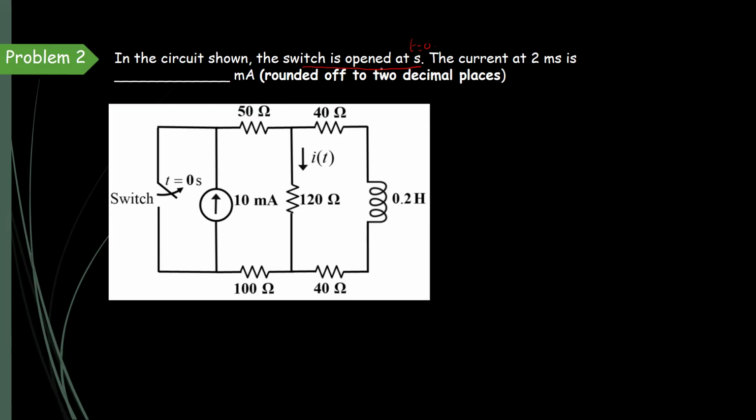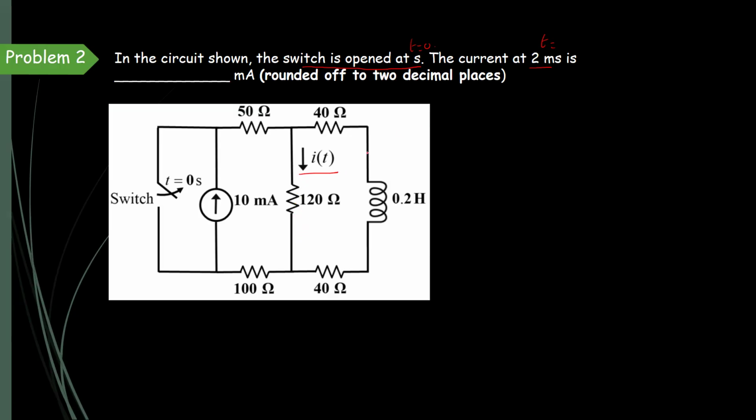Okay, the switch is opened at t equal to 0 seconds. So the initial condition is the closed condition and the final condition is the open condition. We need to find the current value at 2 millisecond. So they have given t equal to 2 millisecond. What will be the current? So here we have to find out the current i of t which is flowing through 120 ohms.